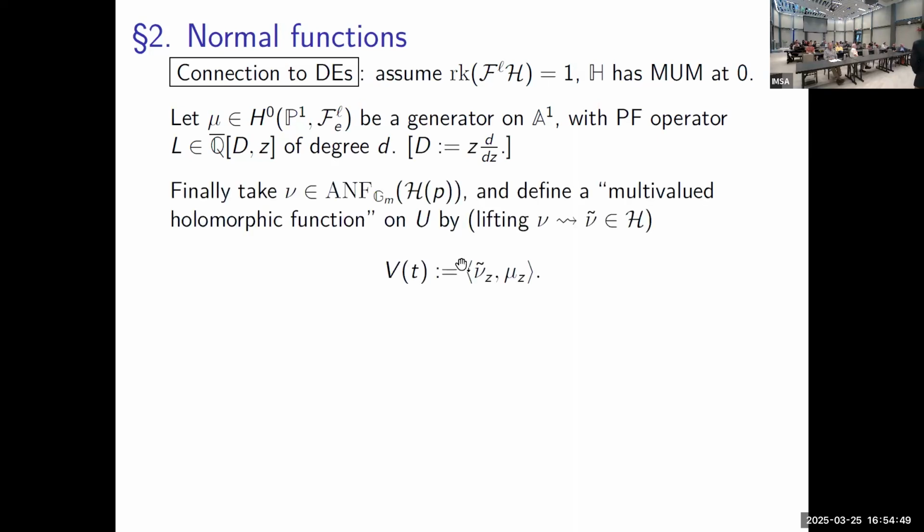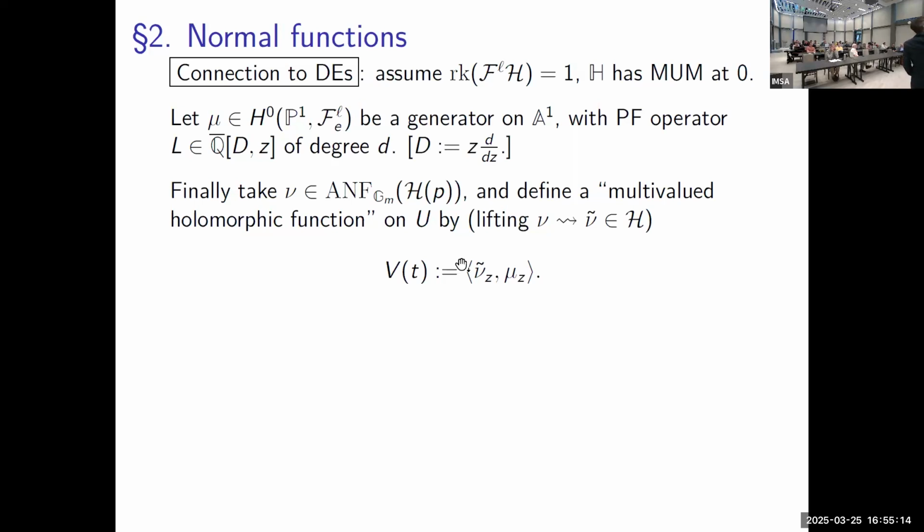Now, finally, you take an admissible normal function, for which I'll usually use the notation U, and assume that it is non-singular on G_m. Okay, and now I take a multi-valued holomorphic function on U by lifting U. Remember, U is a section of a family of Jacobians, so I can lift it to the numerator locally everywhere, some way.